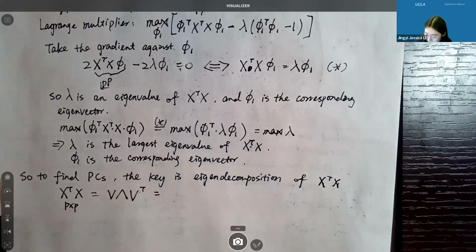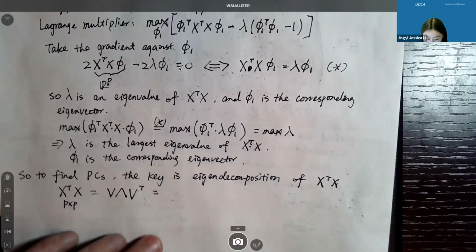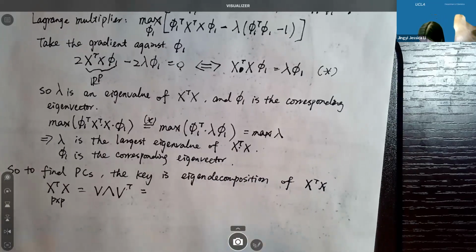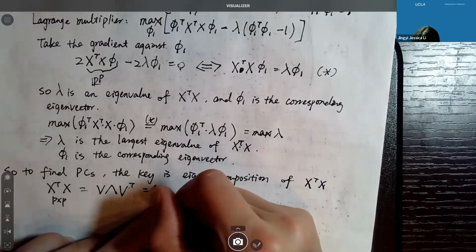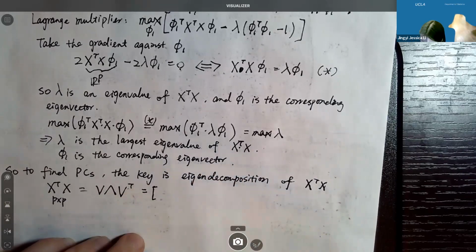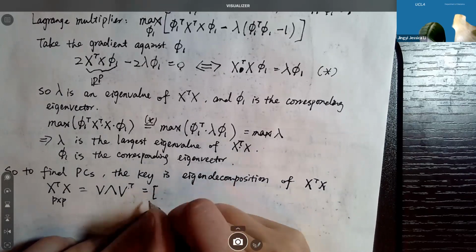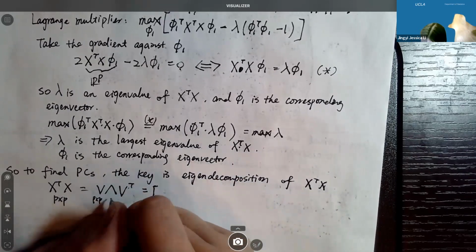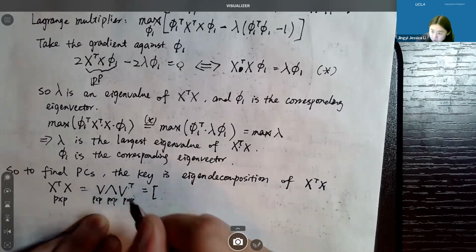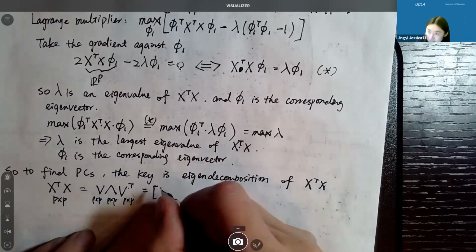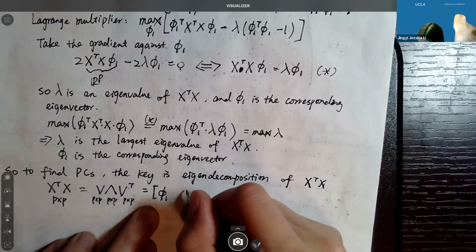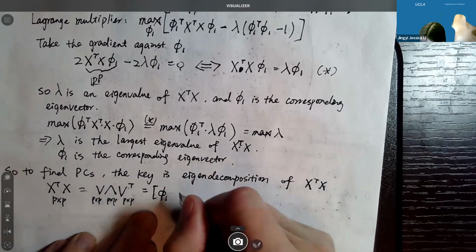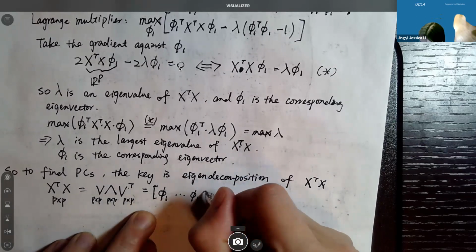Okay, so basically if we do that, then we can expand it. Everything here is P by P. I'll write this out using our notation. This is basically our phi 1, the loading vector for the first dimension, to the loading vector of the pth new dimension.